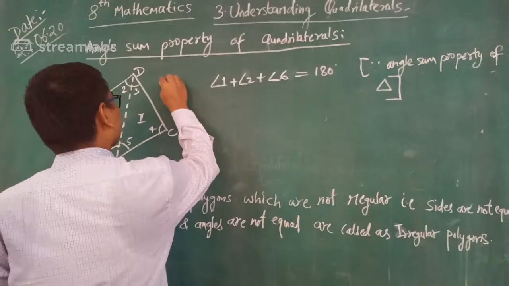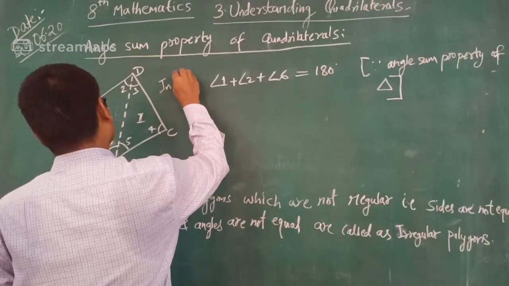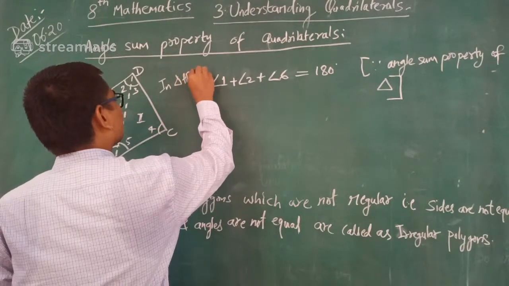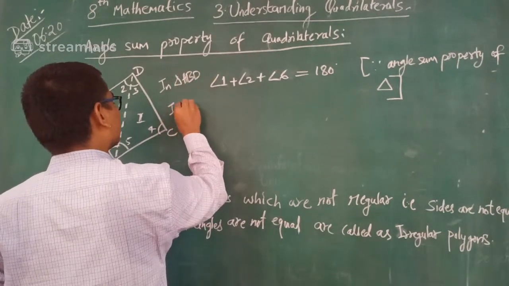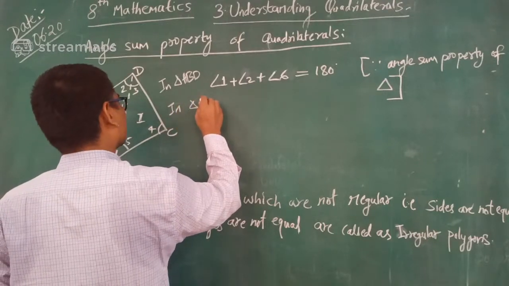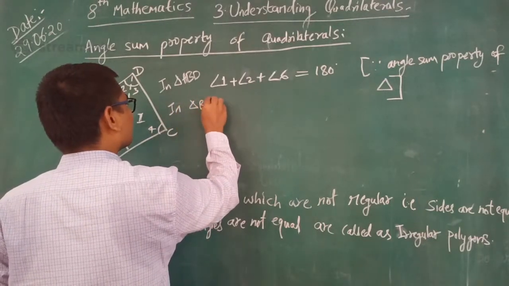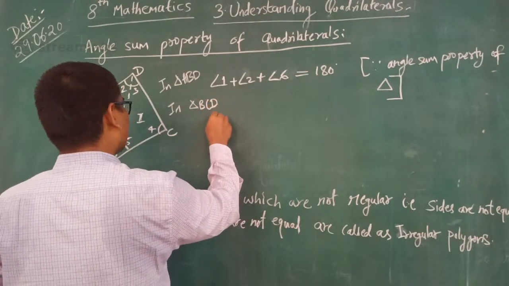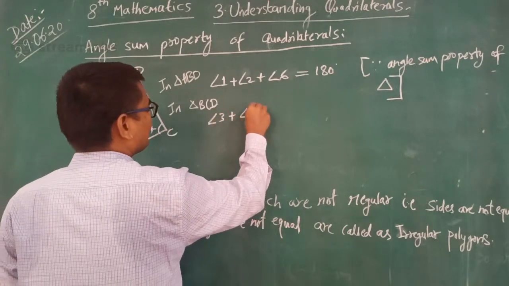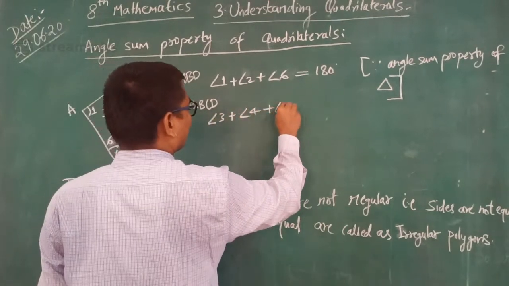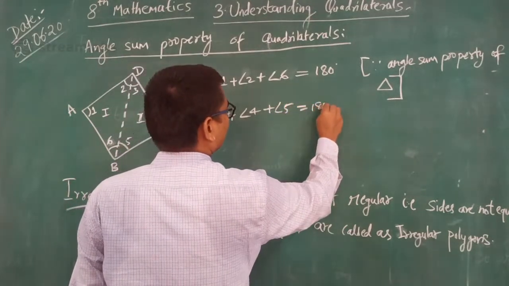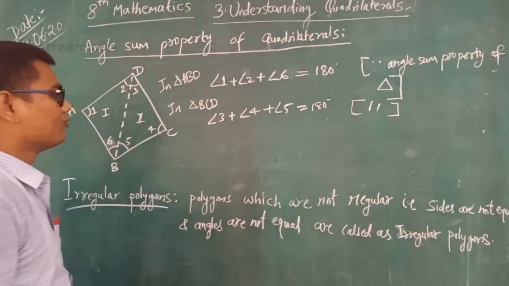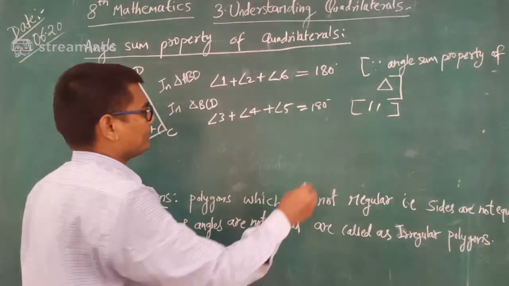Similarly, in the other triangle, angle 3 plus angle 4 plus angle 5 is equal to 180 degrees, for the same reason. Now add equation 1 and equation 2.